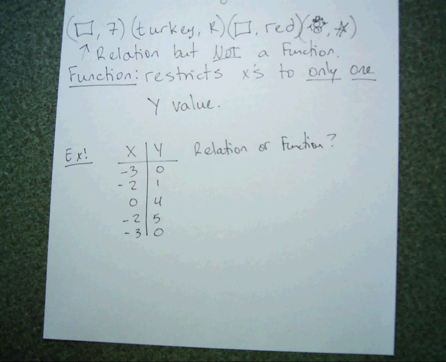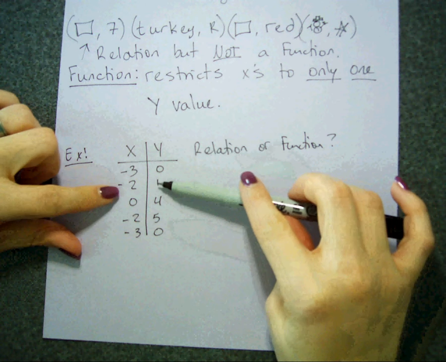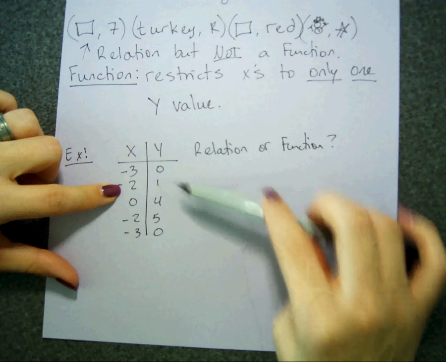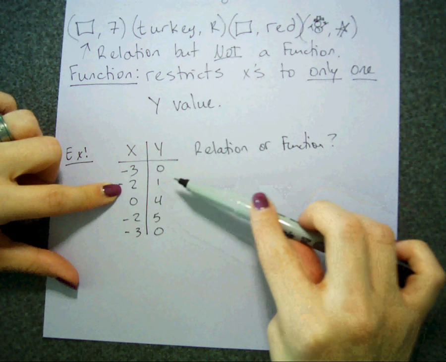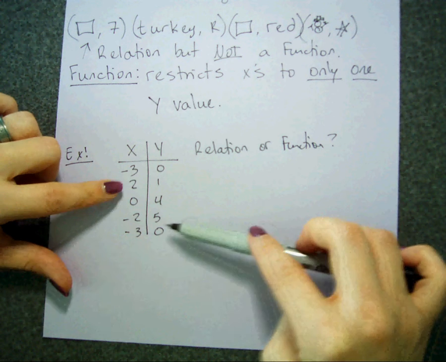Why is it not a function, Julia? Exactly. The negative 2's for my x values get mapped or paired with two different y values, 1 and 5. Negative 3 is on there twice, though. Why does that not create an issue? Because it's mapped to the same y value, right?